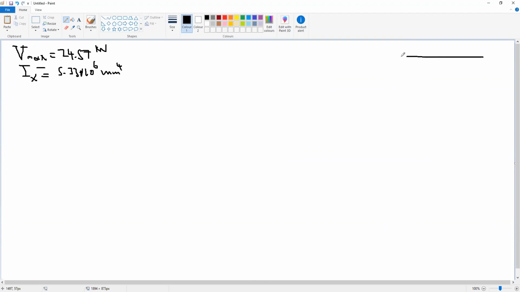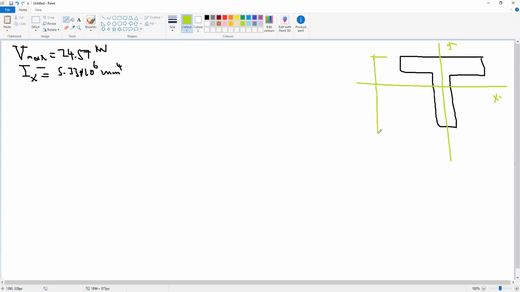And this is our cross section. And we know that the centroid here, x dash, y dash, and this distance is 40, 80, and this distance was 20, 100, and this is 20, and this is the centroid.